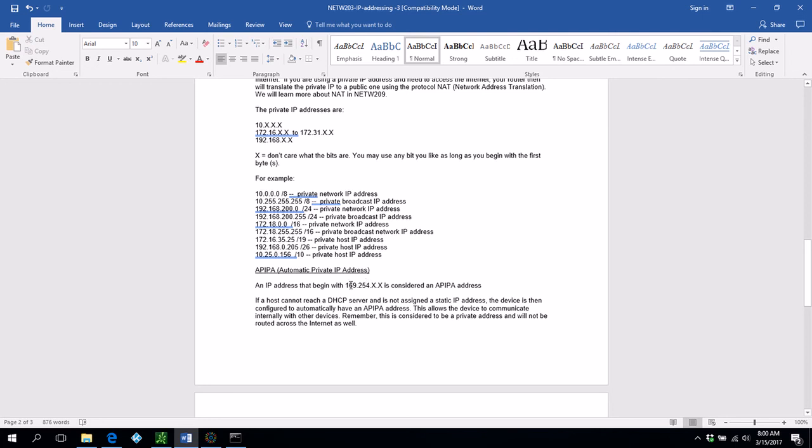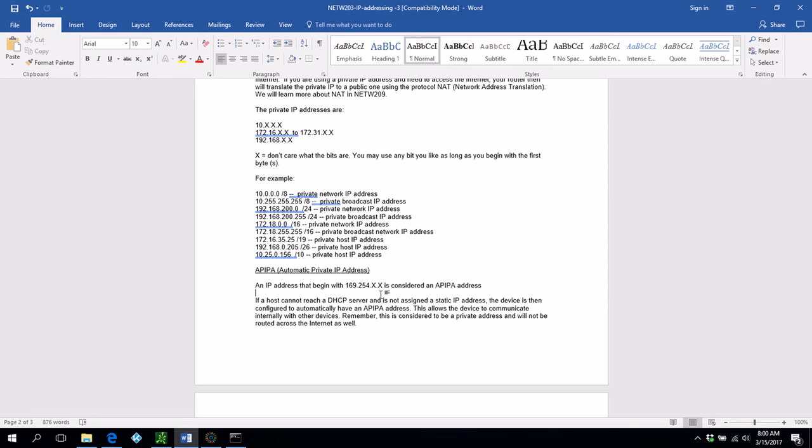So, in other words, if somebody is complaining that they can't access the internet, and you go to the computer and type ipconfig, and you see that their address starts with 169.254.x.x, then you know that your computer has generated this address just to enable you to communicate inside the LAN, and because your device could not find a DHCP server, that's why it generated an APIPA.